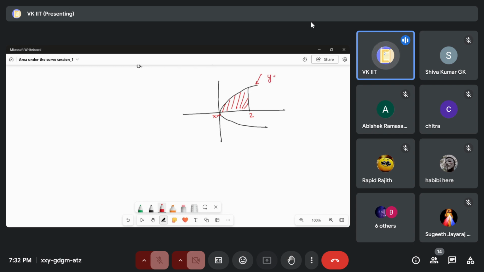And this curve is given as y square is equal to 4x. Can you quickly tell me what is this area?